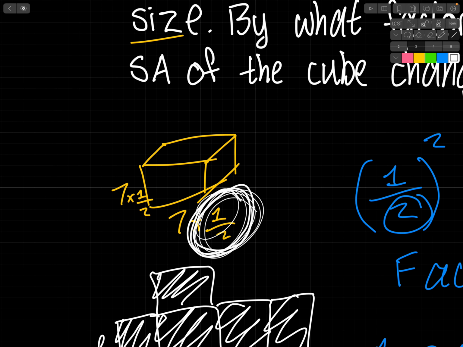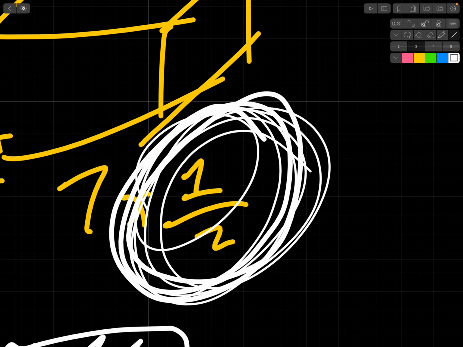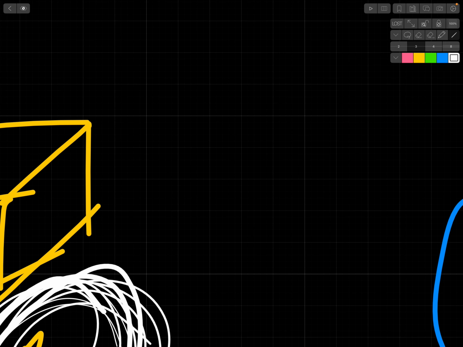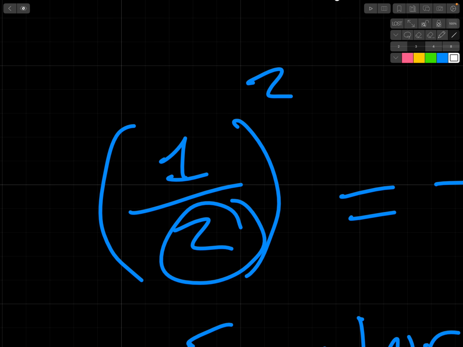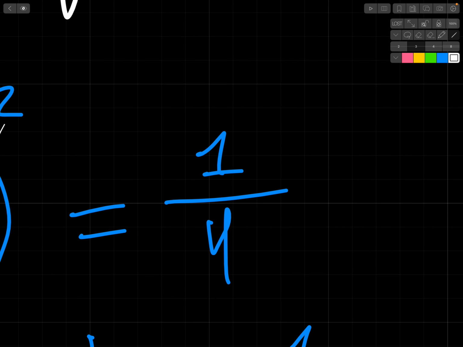And so we do the same as area. We grab what's being multiplied. Here we see it's 1/2. And we square 1/2. So 1 squared is just 1, and 2 squared is 4. So it's 1/4.